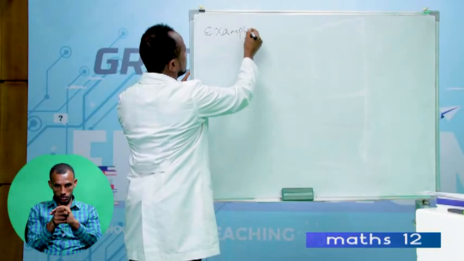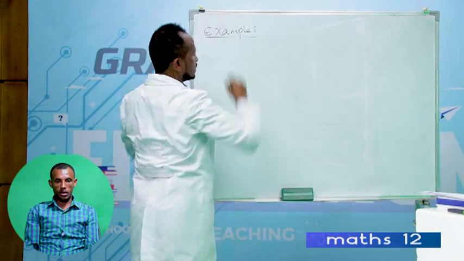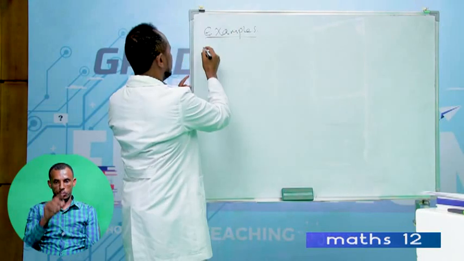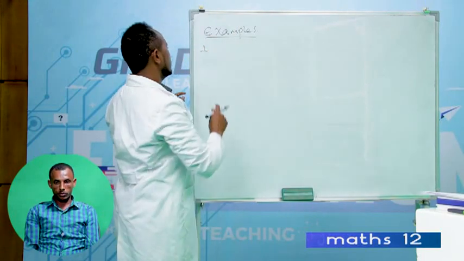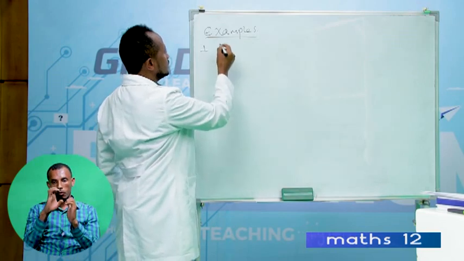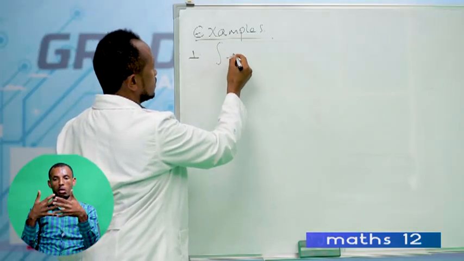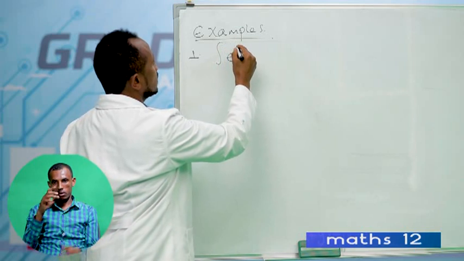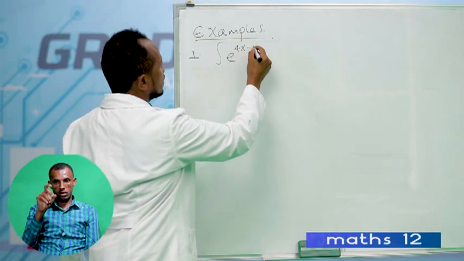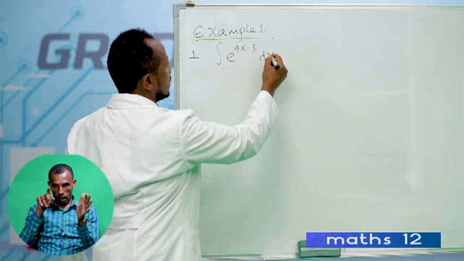Examples. Example 1: Evaluate the following integral. The first one, the integration of e raised to 4x minus 5 dx.